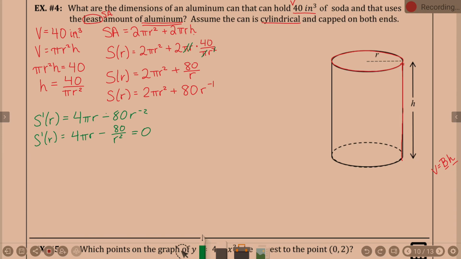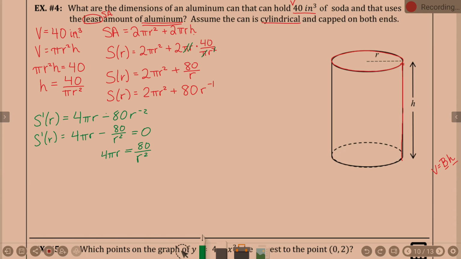Okay. Good. Say add the 80. Yeah, I would say add the 80 over r squared so that you have 4 pi r equal to 80 over r squared.